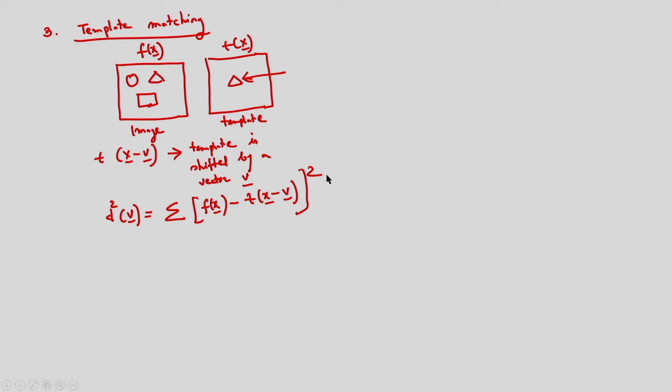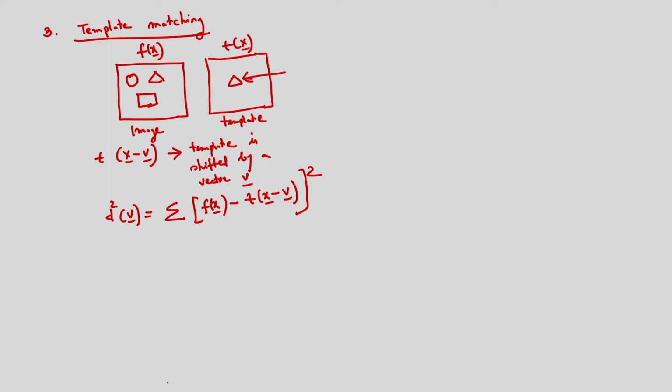So I am finding the distance. The distance will be minimum when the template exactly matches with the object present in the image. So, that is why I am considering the distance measure, and I am doing the summation for all the image points. This principle is used in motion estimation.